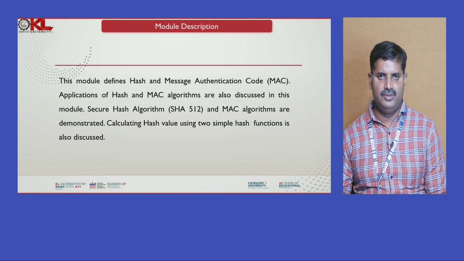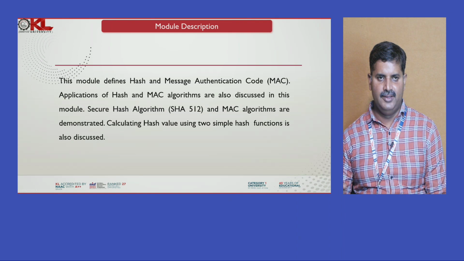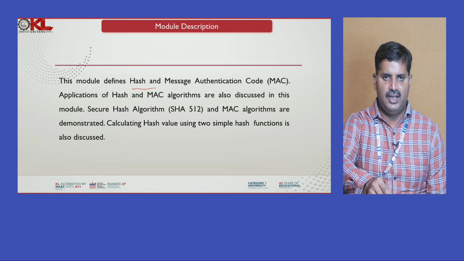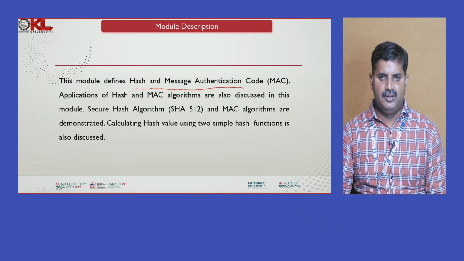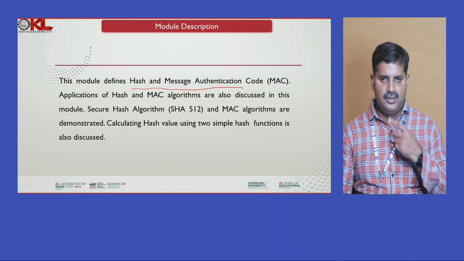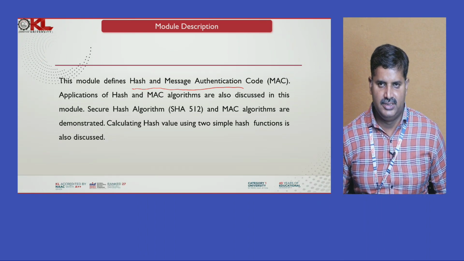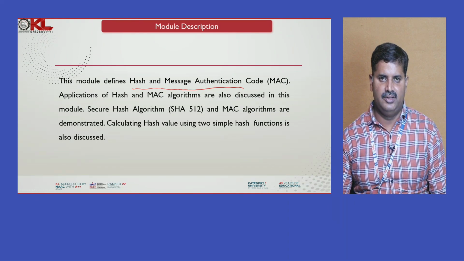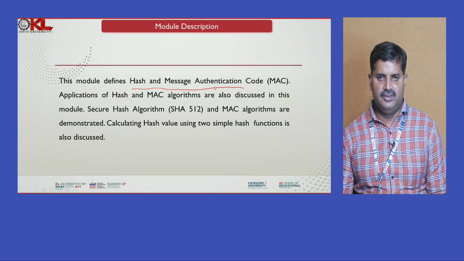Now I am going to describe the hash function. Here this module defines the hash and message authentication codes, where the entire integrity has to be implemented using this first method. So this is the first method where the cryptographic hash function is implemented.